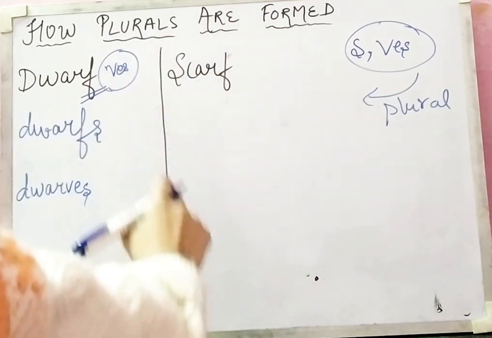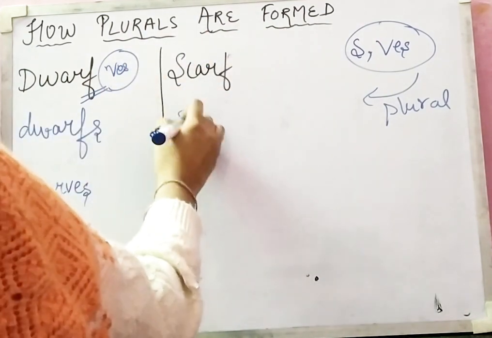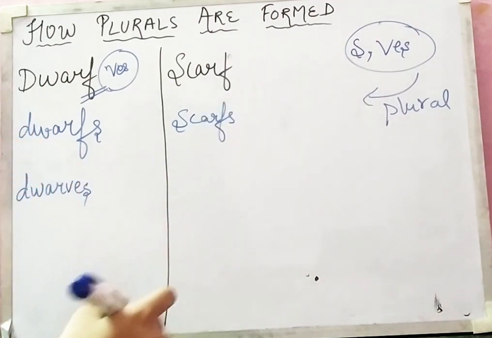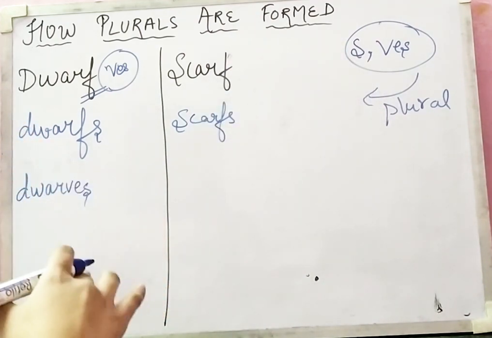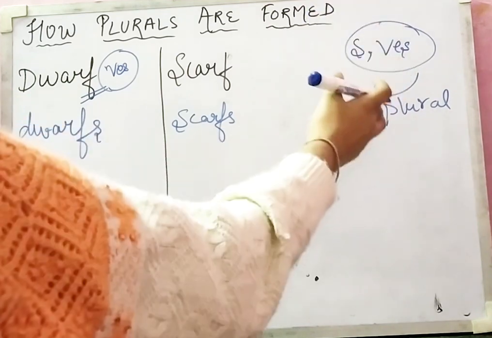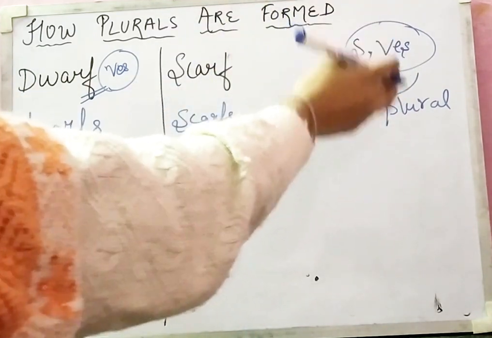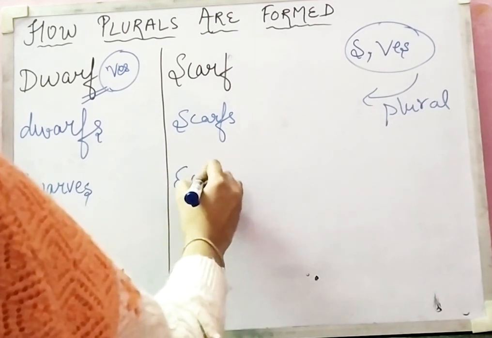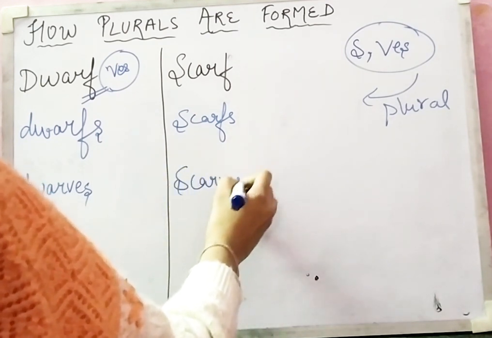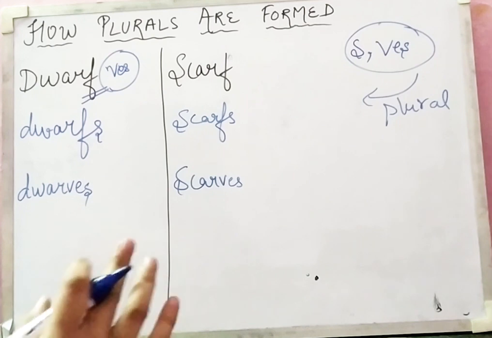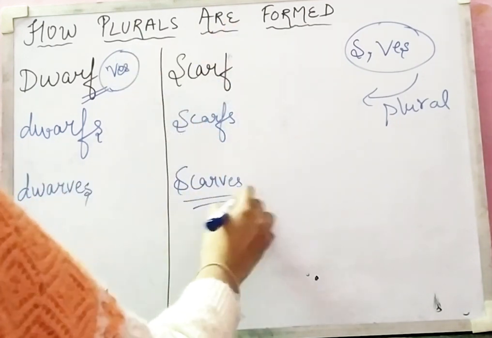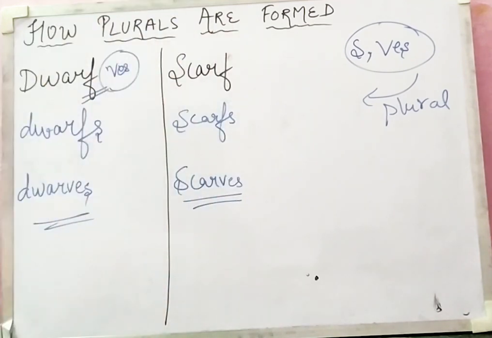Similarly in scarf also, it will be scarves. To make it plural by adding ves, before adding ves we have to replace f, means scarves. Means we have replaced f and added ves instead of f. So these are some examples of this.